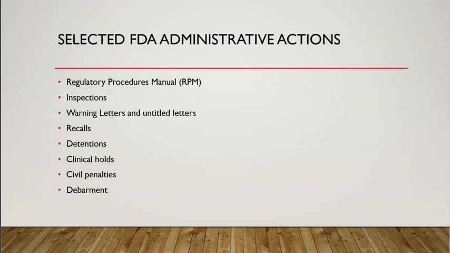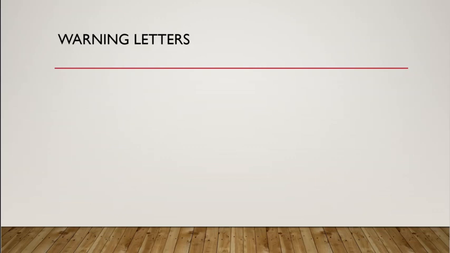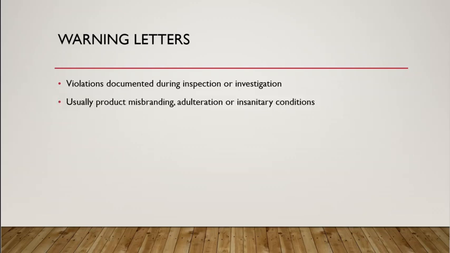So let's take a look at one of the first of them, and that's a warning letter. That's not as serious as a Form 483, but what it'll do is document violations that became apparent during the inspection or the investigation, and they're usually involved with processing, adulteration, or insanitary conditions.